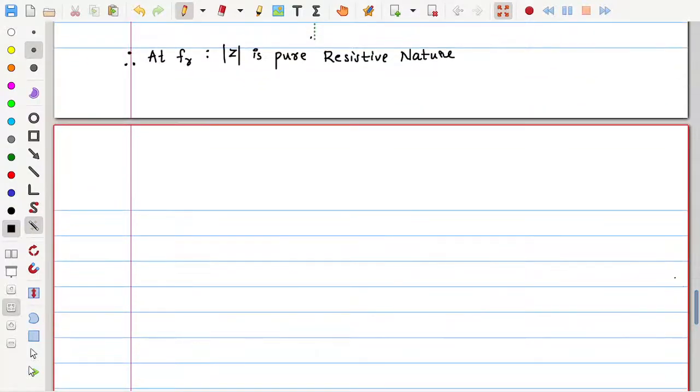So at resonance, what happened? That means frequency is equal to resonance frequency. At this resonance frequency, mod Z is simply resistance. You can say XL is equal to XC. As a result, VL magnitude is equal to VC magnitude. Both are the same.